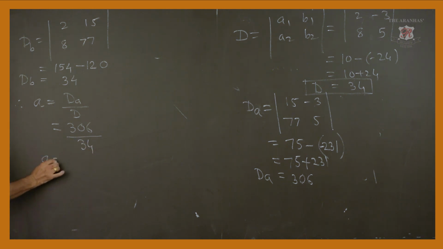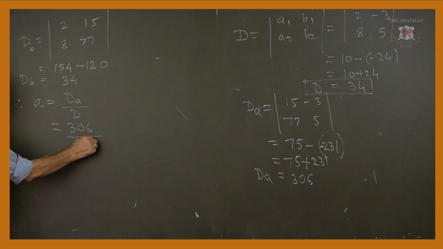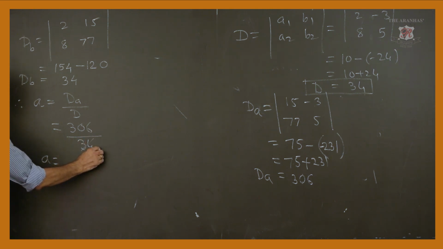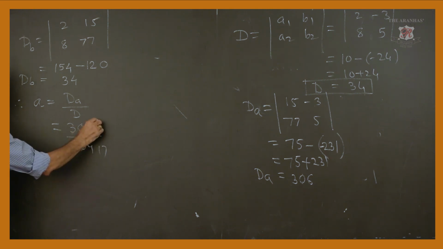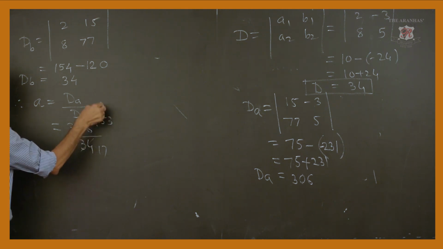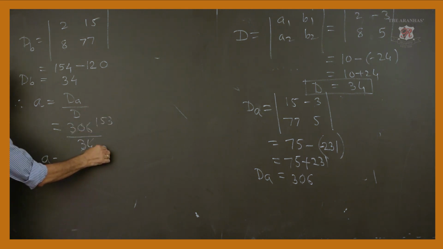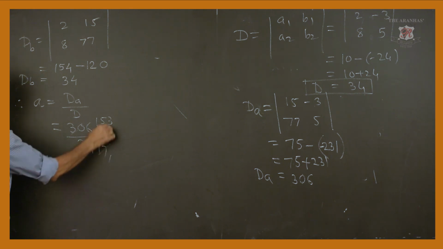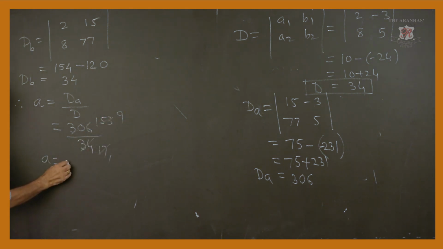So A is equals to, now I have to divide this. So how many times does it go? 34 9s are 306. So you get A is equals to 9.